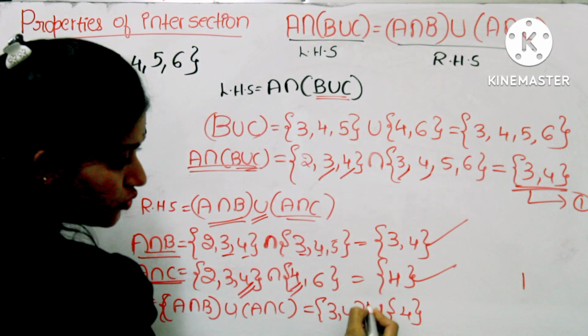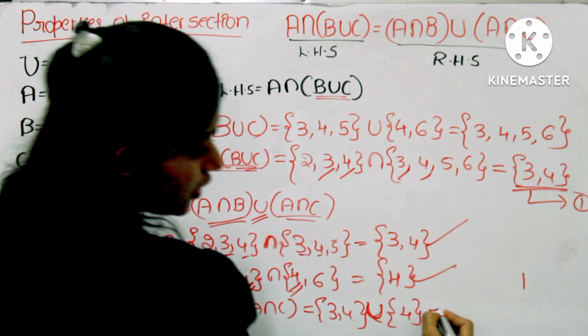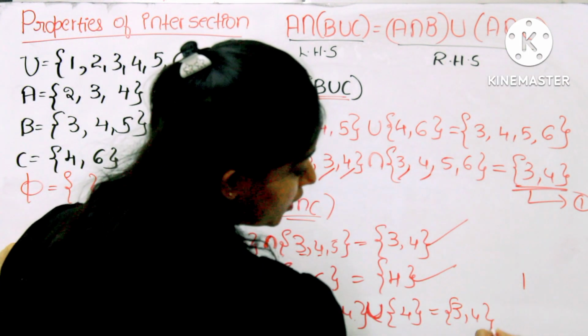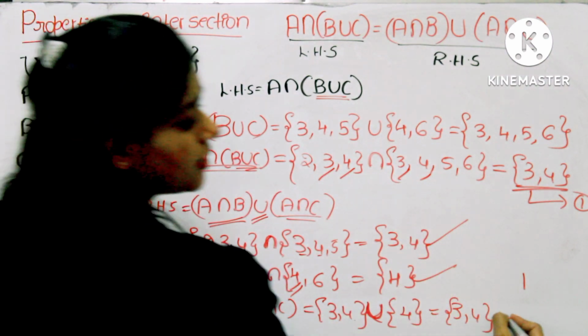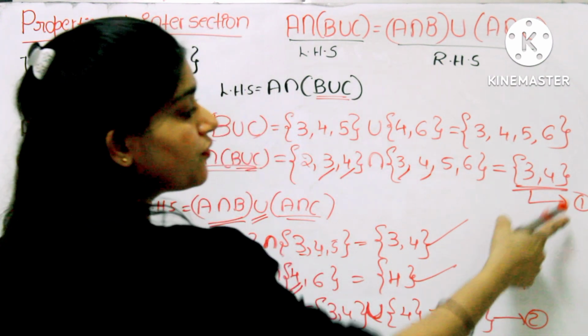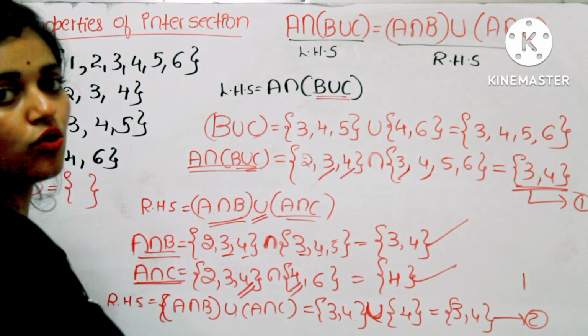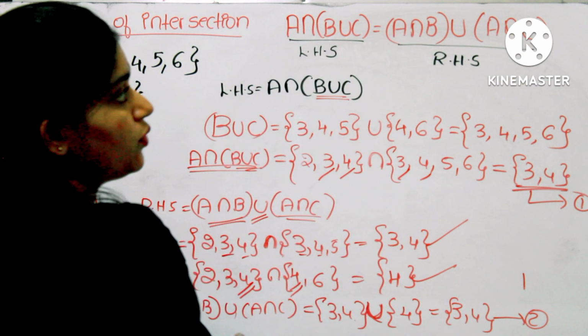This is union, so 3, 4 and 4: you have to write all the elements, so that is 3, 4. Take this as equation 2. So from 1 and 2, what do we have? Equal. Therefore the distributive law holds.